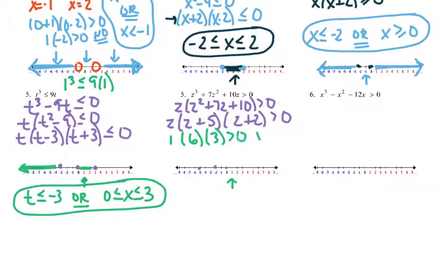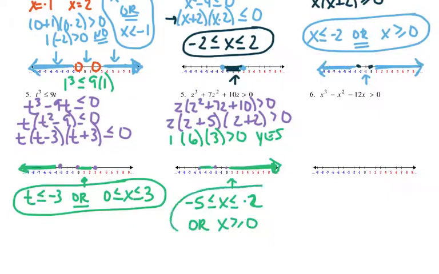Is that positive? Yes. You don't even have to show your work for the plugging in. So that means that this is going to work. It's going to alternate here and here. So if I want to represent that answer, it's between -5 and -2, or greater than or equal to 0. And you have to have the written answer as well as the graph.